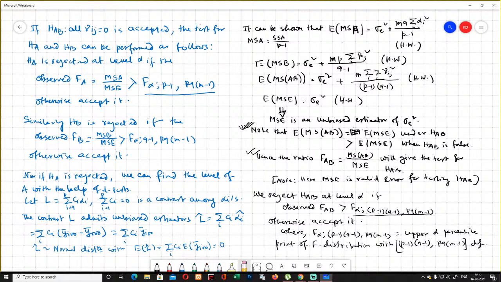Okay, we write all this thing. I denote this by capital L, because if you compute all these things, this should be the sum of c_i alpha_i.